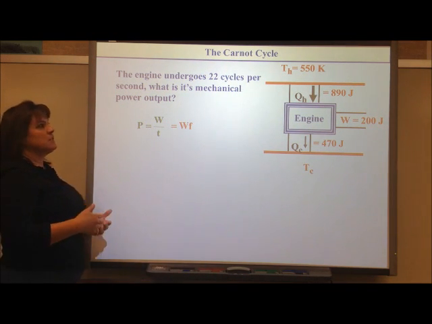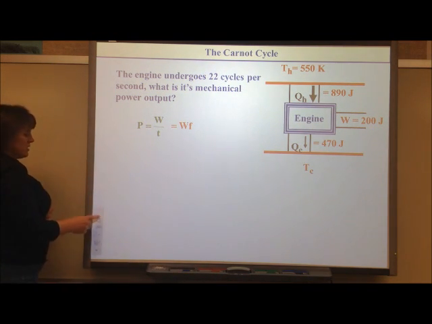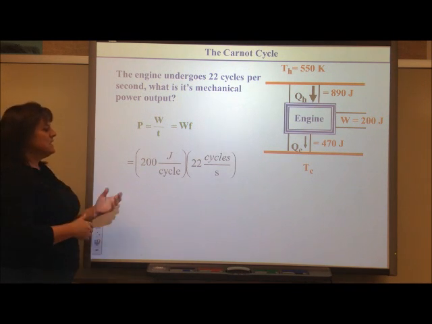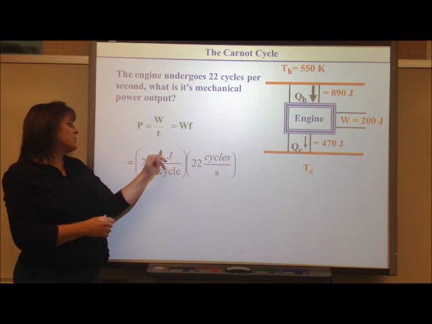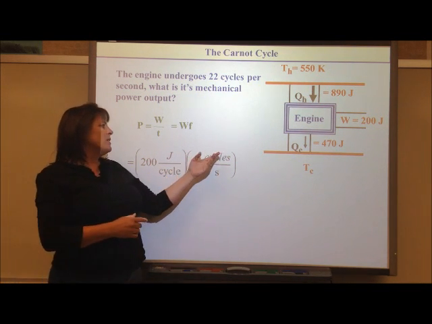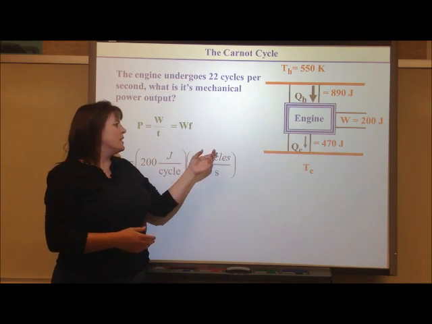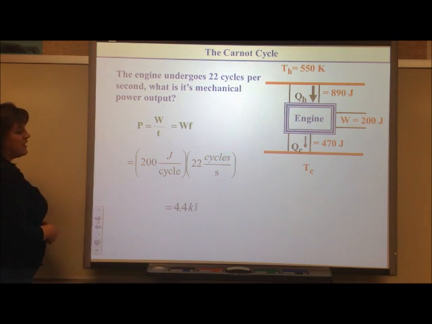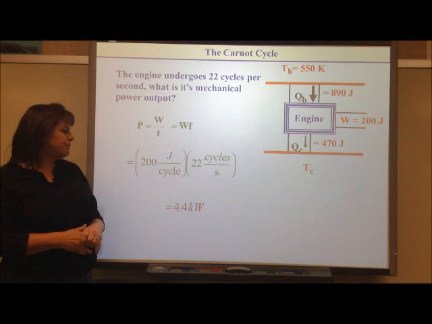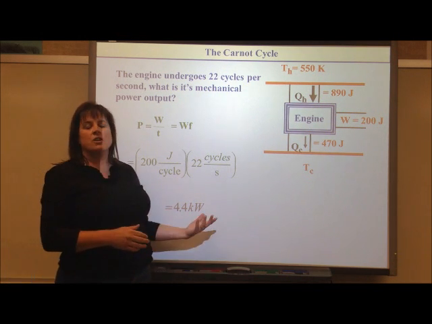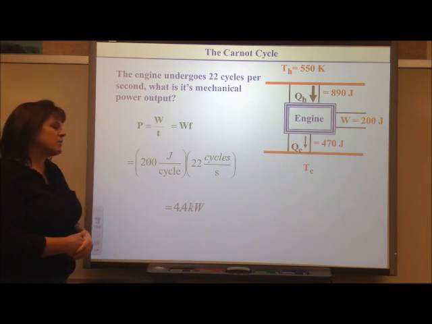So all I need to do here is take my 200 joules, the work being done, 200 joules per cycle, and multiply by the frequency, 22 cycles per second, and of course that's 4.4 kilowatts, or 4,400 watts. The unit of power is watts.